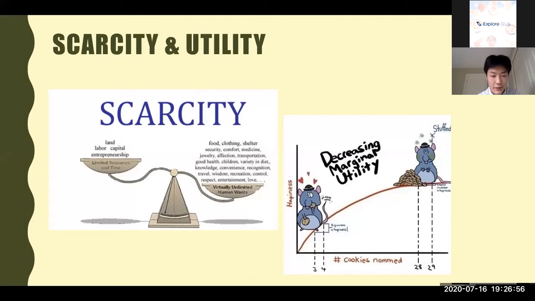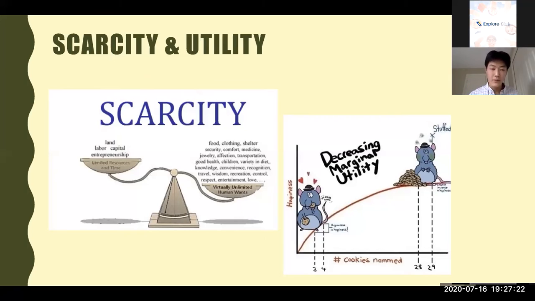Utility itself means happiness. So how happy you are after you've consumed this item. And marginal means unit after unit. So from cookie number 3 to cookie number 4, you have increased a certain amount of utility. And diminishing means that this increase is becoming smaller and smaller.